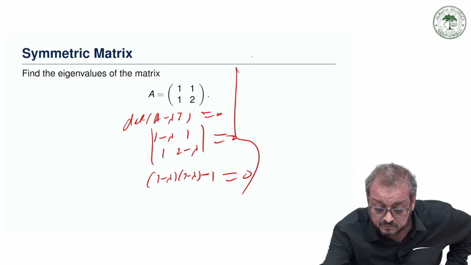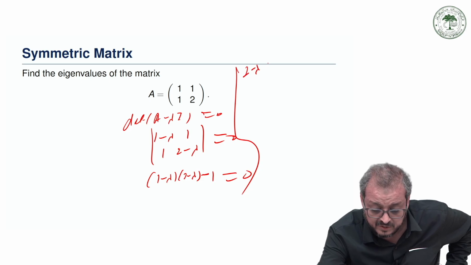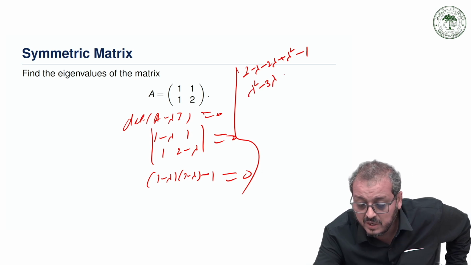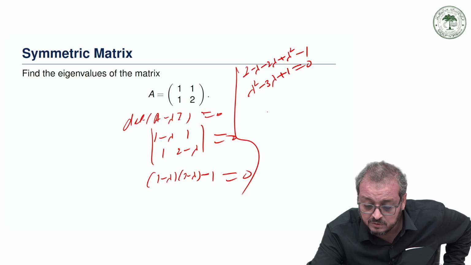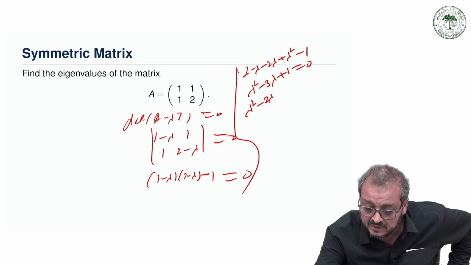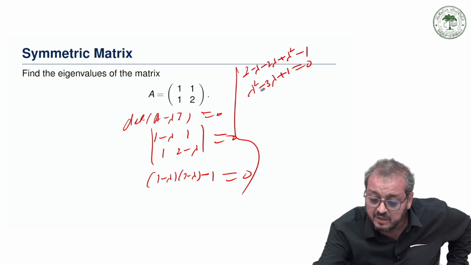Simplifying, we get 2 minus lambda, minus 2 lambda, plus lambda square, minus 1. So we have lambda square minus 3 lambda plus 1 equal to 0. This is the equation.